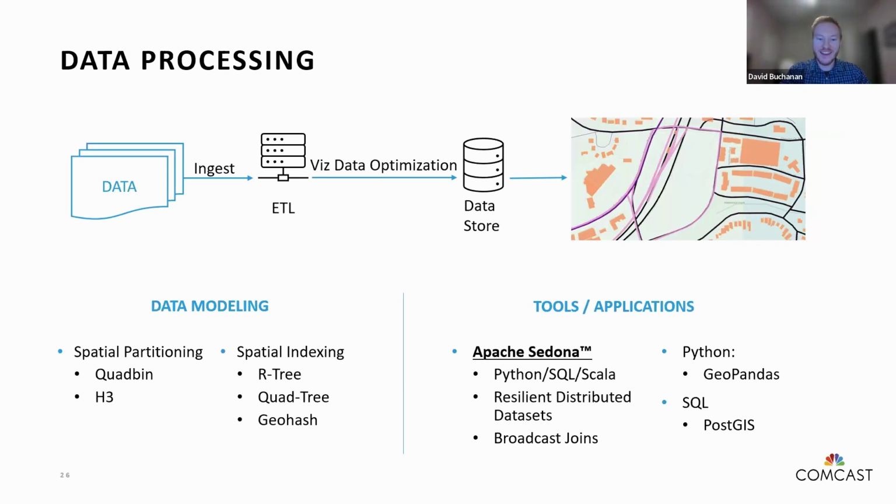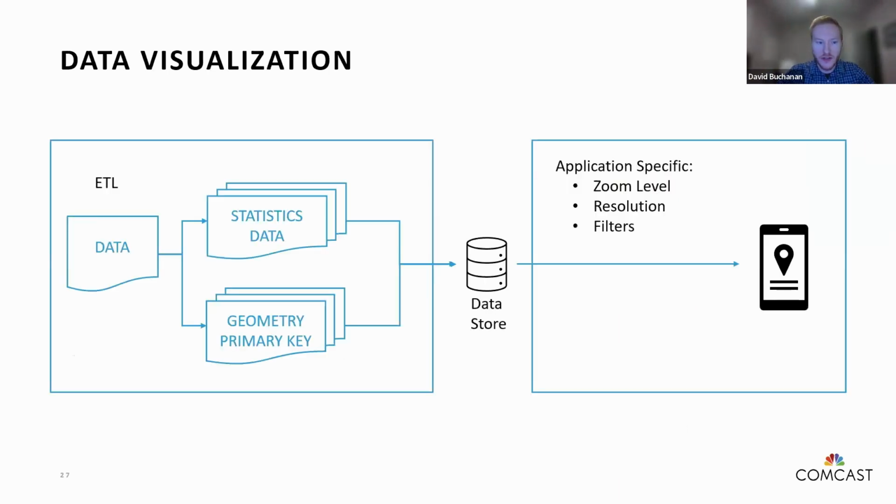And then once I get into that Spark data frame, I have access to all of Sedona's tools, which enable me to do the data modeling, to get into spatial partitioning, spatial indexing, and perform these joins against these massive data sets very quickly for that iteration. And you'll notice I have this middle process called visual data optimization. Again, we're going to go back to that modeling, that question from Paul.